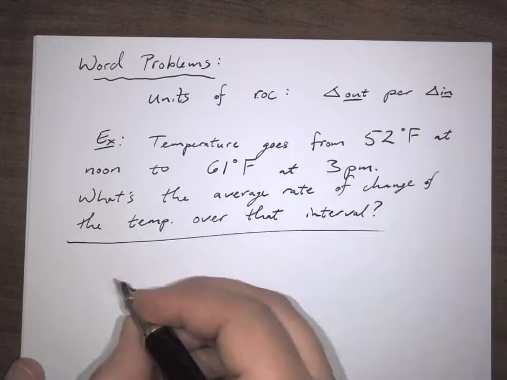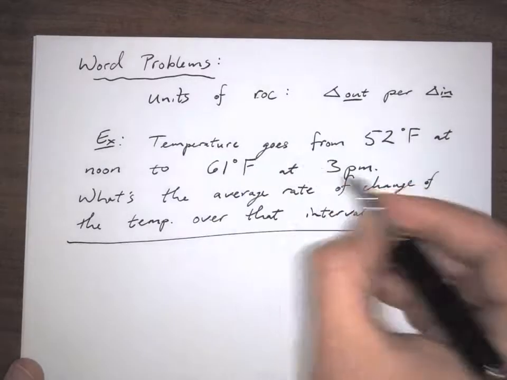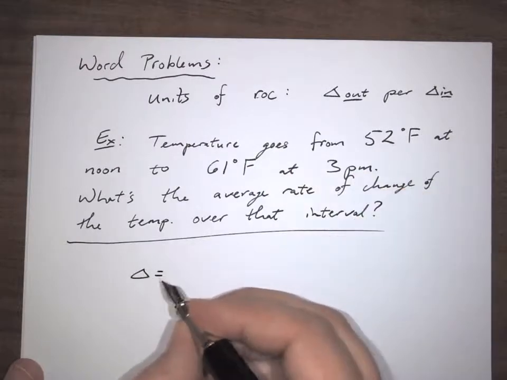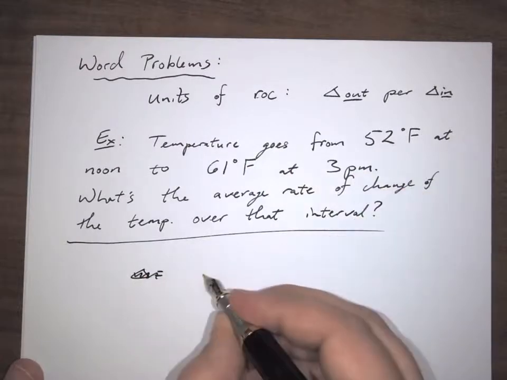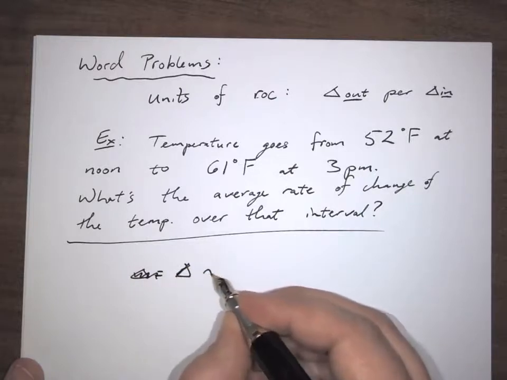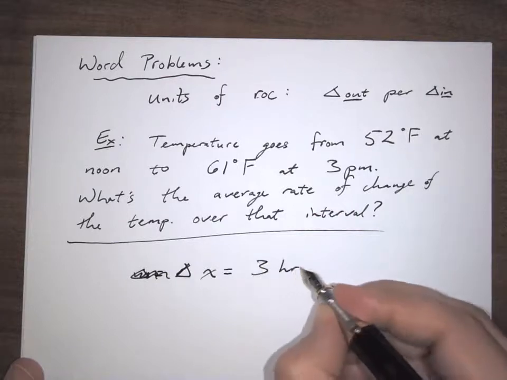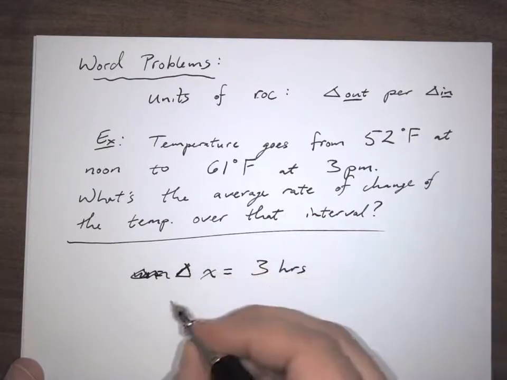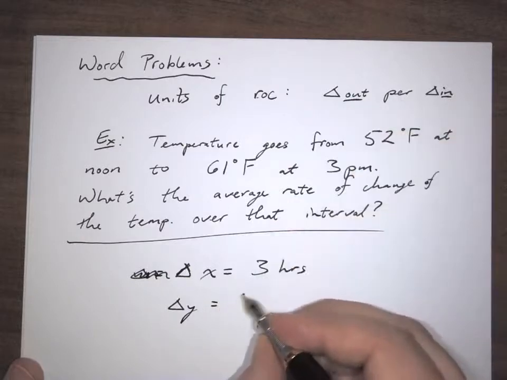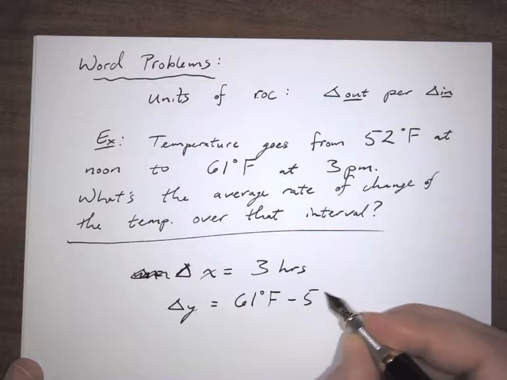Well, let's try to think about what's going on here. So we've got 3 hours that the time is passing. So we should say change in the x values is going to be 3 hours. Now the change in the y values is going to be the total change in the temperature here, which is 61 degrees Fahrenheit minus the 52 degrees Fahrenheit.